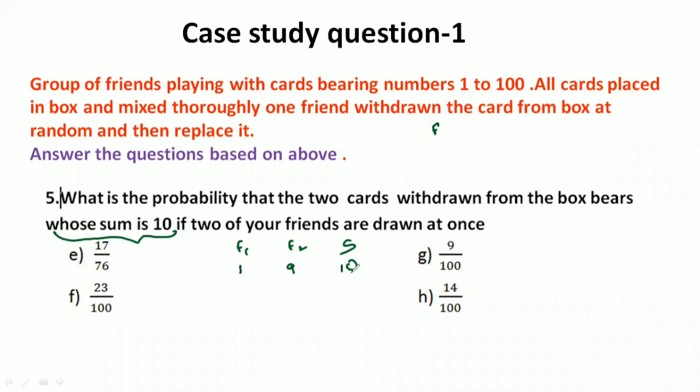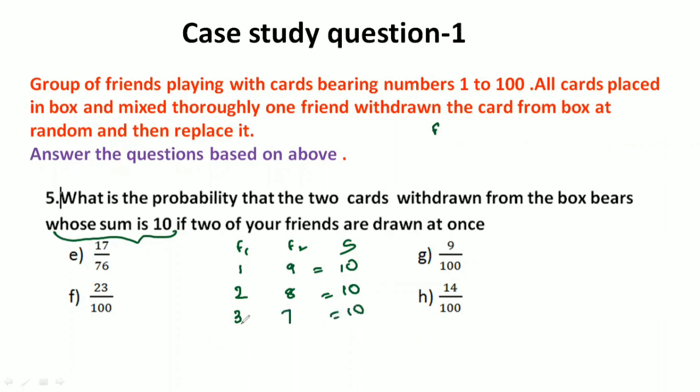So these are the possible outcomes which give their sum equal to 10. For example, if friend one draws the number 2 card, then friend two must draw the 8 card. So 2 plus 8 is equal to 10. And for example, if friend one draws a card 3, then 3 plus 7 is equal to 10.